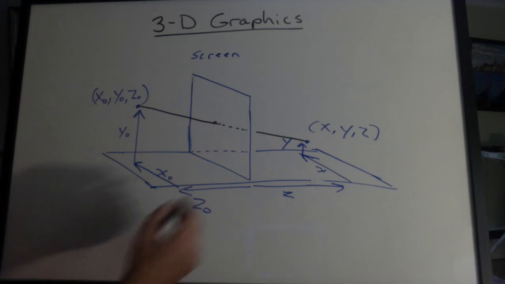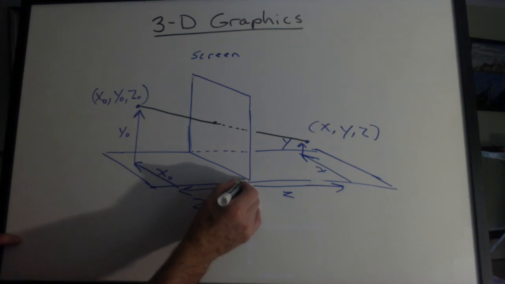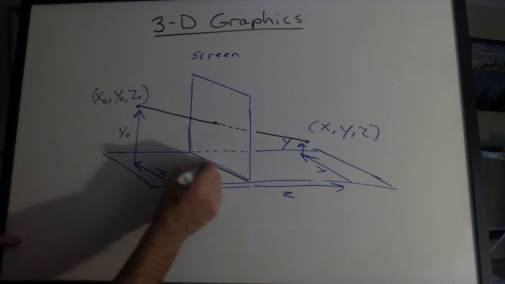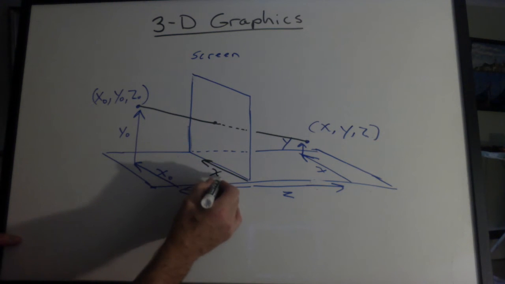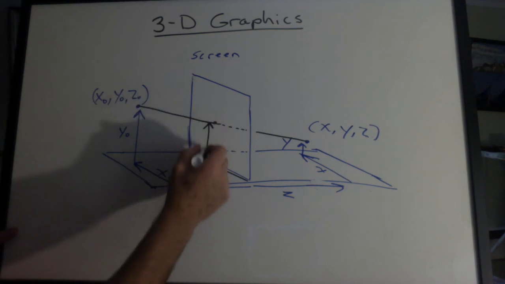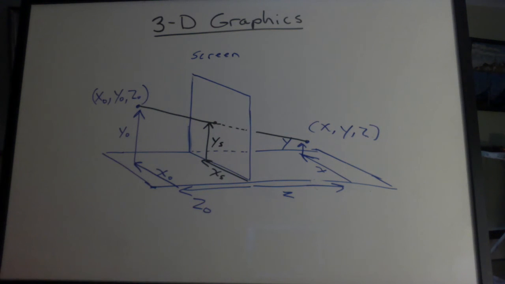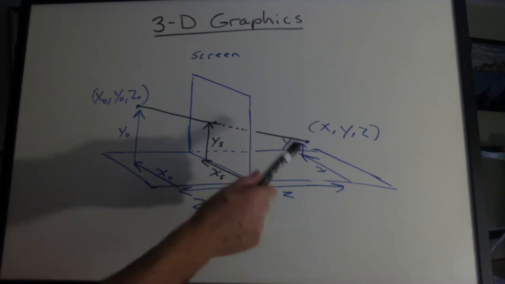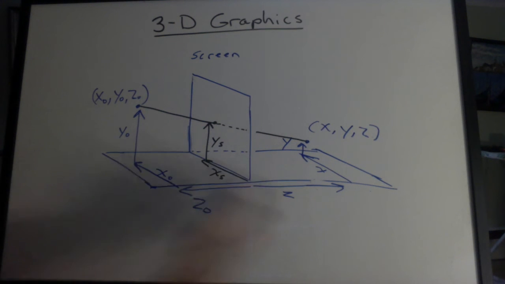What we need to know is what will be this value. I'll call it xs for x on the screen and ys for y on the screen. So I need to take the 3-dimensional information and compress it to 2-dimensional information, and then that's what will get plotted on the computer screen.